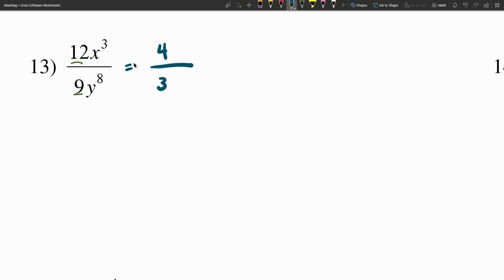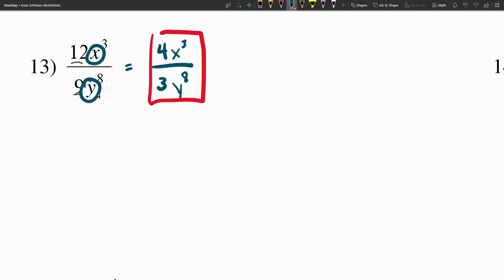Can we simplify down the x cubed? Nope, so that's going to stay as an x cubed. And again, we couldn't simplify down the y to the 8th because there was not another base of y in our problem. So that just stays as y to the 8th. So our solution is 4x cubed over 3y to the 8th. Again, I want to reiterate that the only way we can combine those exponents is if we have similar bases. So we could not simplify this problem down anymore besides just simplifying those coefficients.